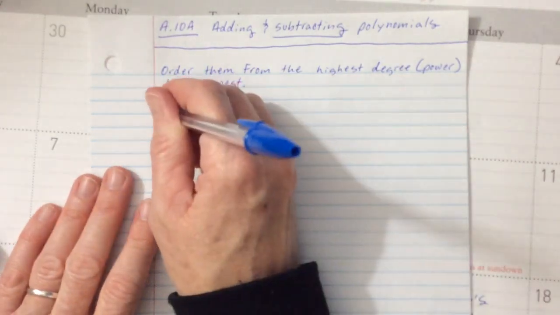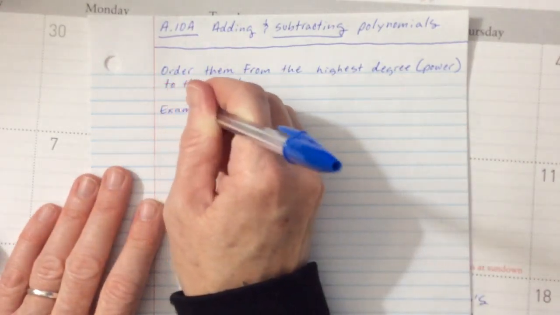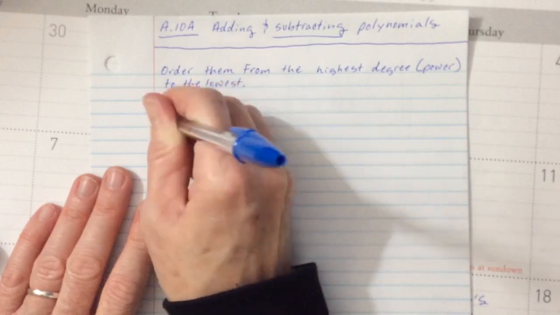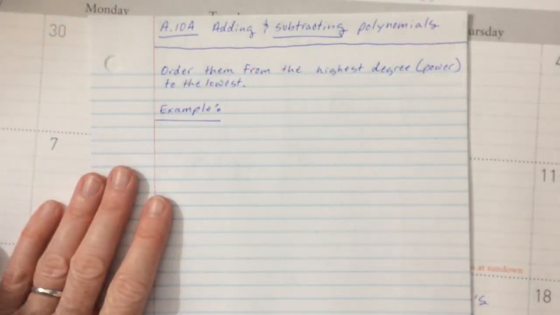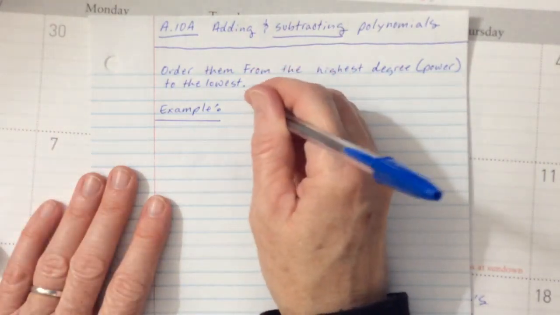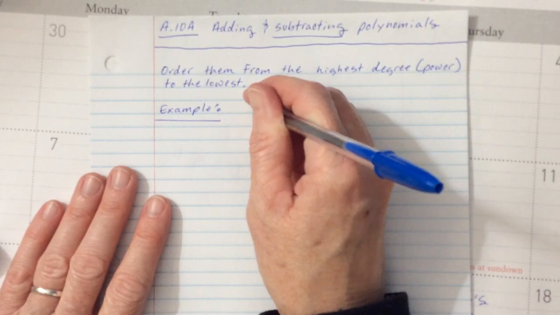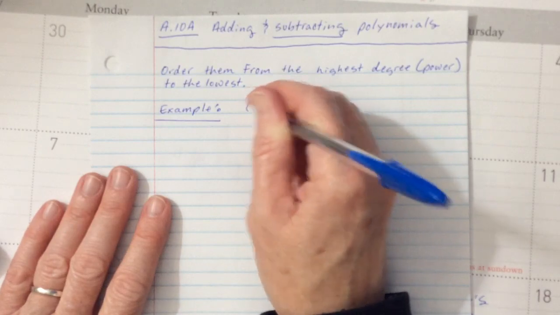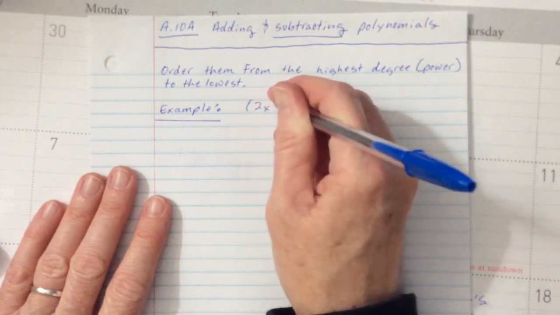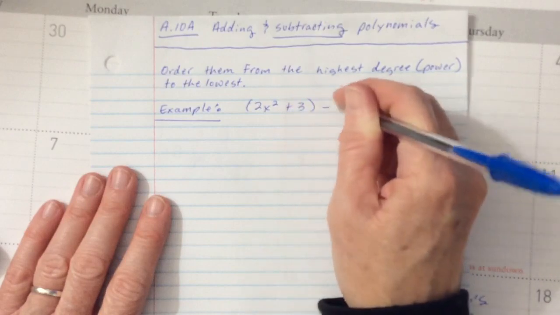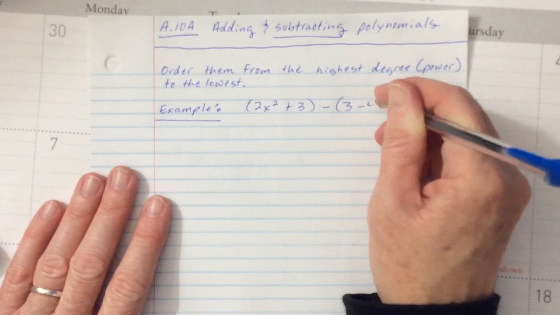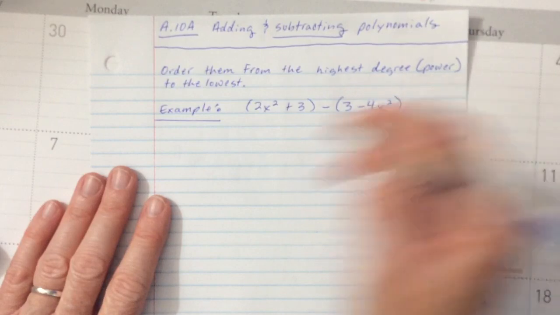Here we go. Example. When you subtract polynomials, it is best always to rewrite them, and I'm going to show you why. Here's our first example. So if you have 2x to the power of 2 plus 3 minus 3 minus 4x to the power of 2.